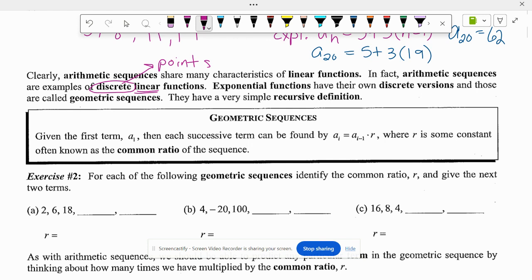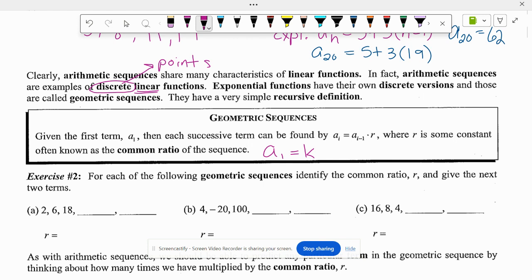Well, exponential functions have their own discrete version, and they are called geometric sequences, which is what we're working on today. They have a very simple recursive definition. Notice that you have to start with the first term. You have to start with A of 1 equals some number. Whenever we write that, we just let a lowercase letter equal some number.